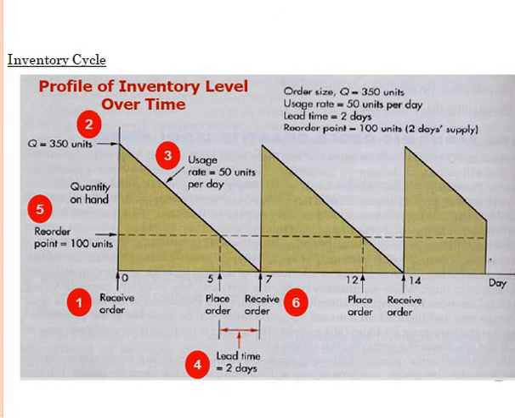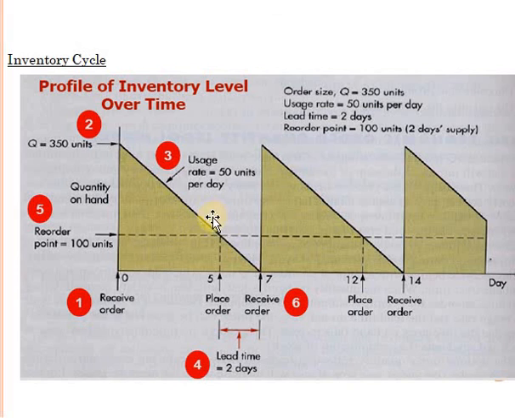Now, if I want to look at the inventory cycle, we will have to begin with the first point, when you receive an order. So when you receive the order, this is at point number 1. You will get number 2, the quantity ordered. Let's say here it is 350 units. Now, number 3 will show you the usage rate.